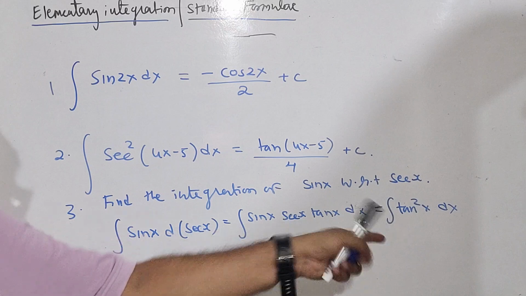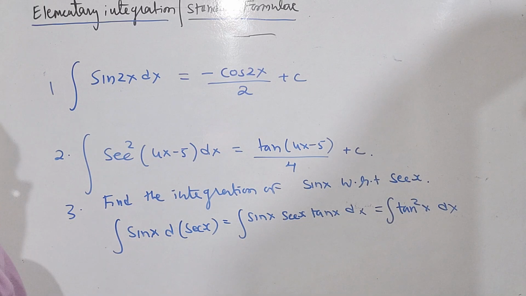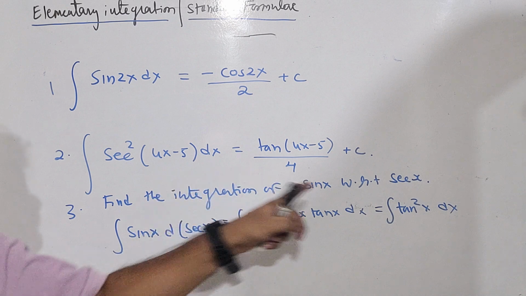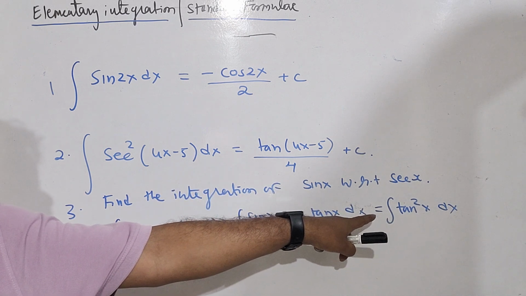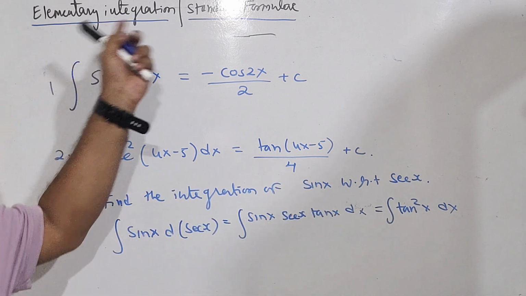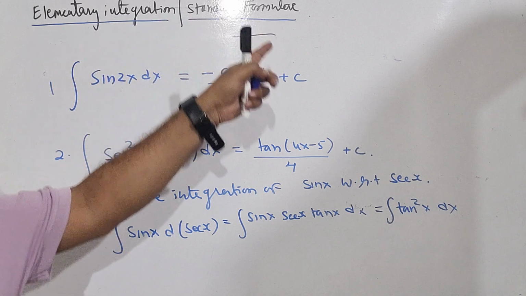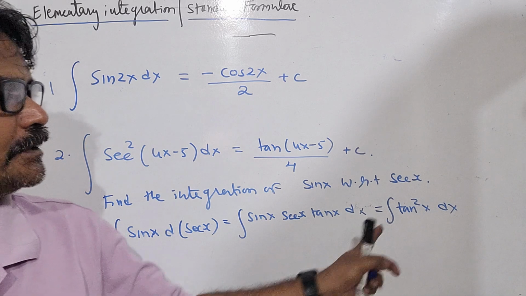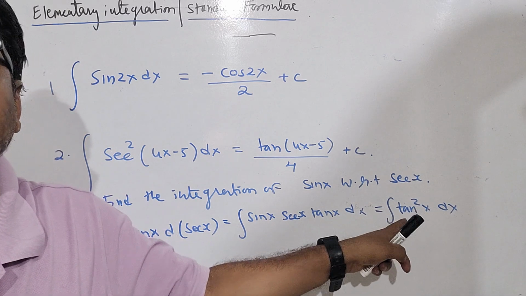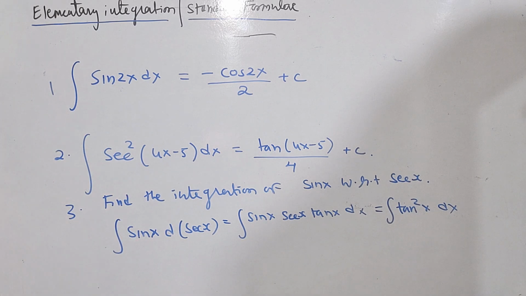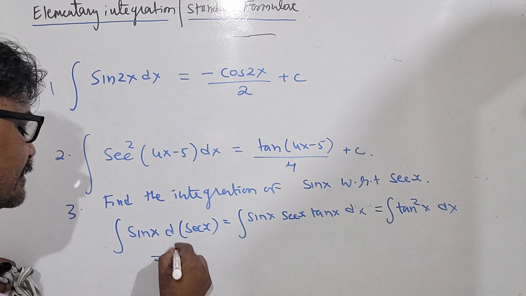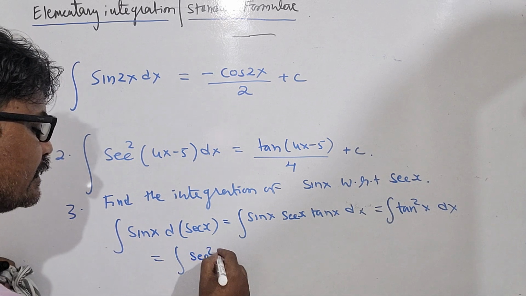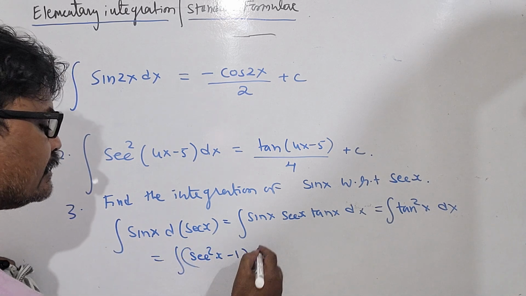We have to apply a transformation so that I can easily integrate this function by our elementary integration, that is the standard formula. I don't know the integration of tan square x function, but I know the integration of sec square x function. Therefore, I can write it as sec square x minus 1 dx.